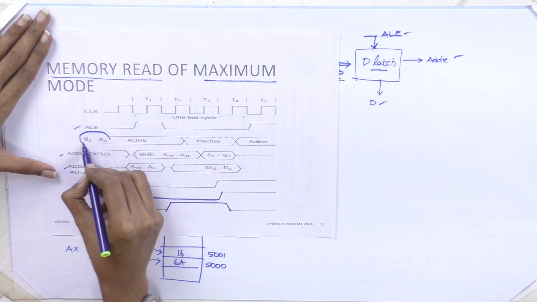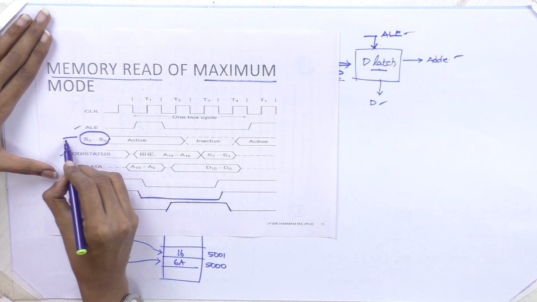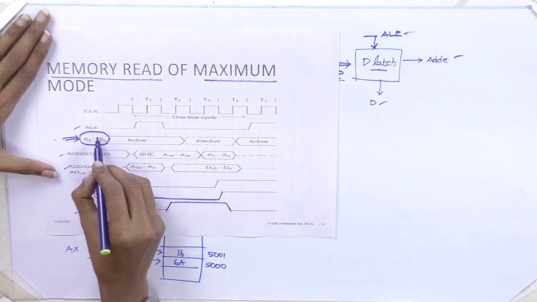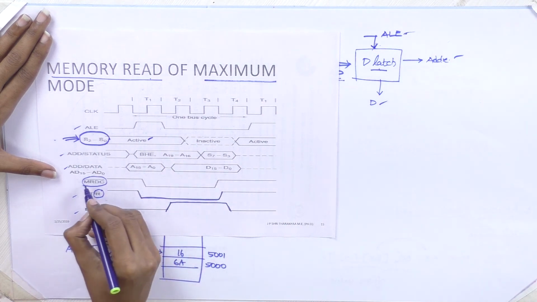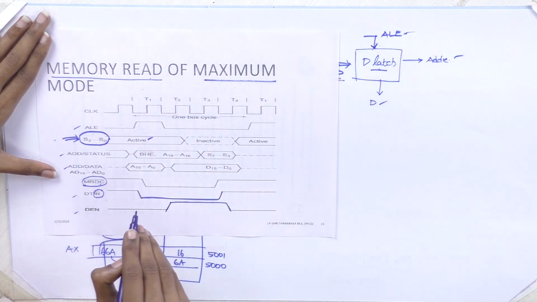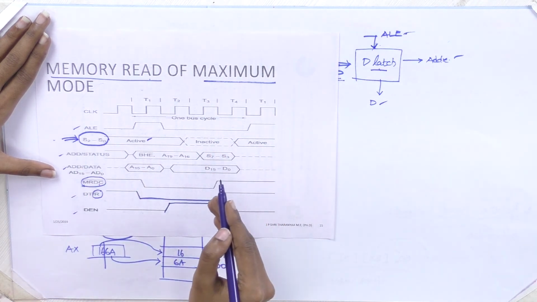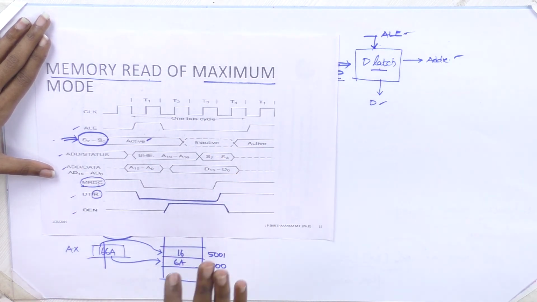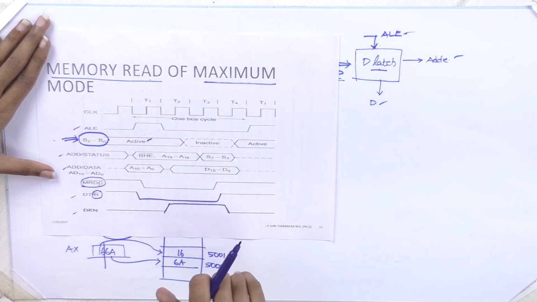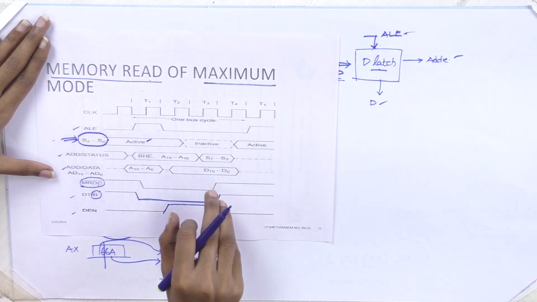And then this is important, this is the difference between the minimum and the maximum. This status signal should be active to get this memory read cycle. That is the major difference. All those signals, enable and disable, are the same. The status signal will generate the memory read signal. That is important here.